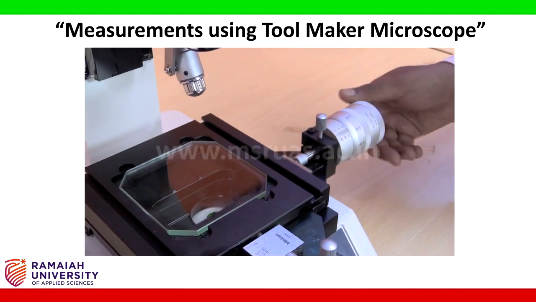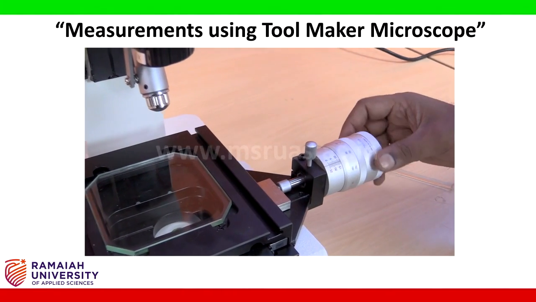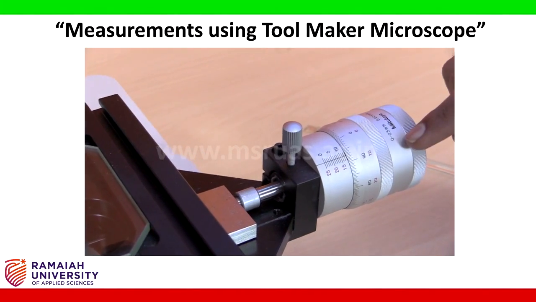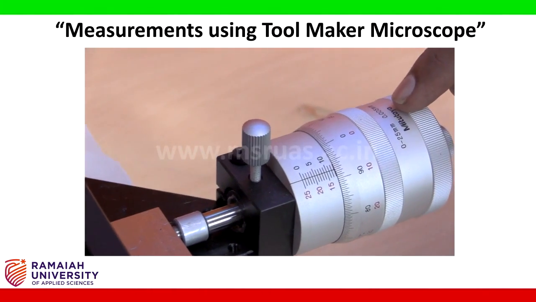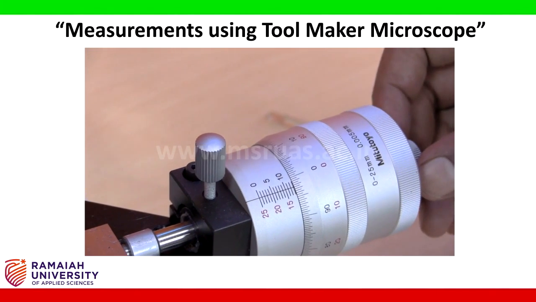This is x-axis movement. The micrometer range is 0 to 25 mm and the least count is 0.005 mm or 5 micrometer.